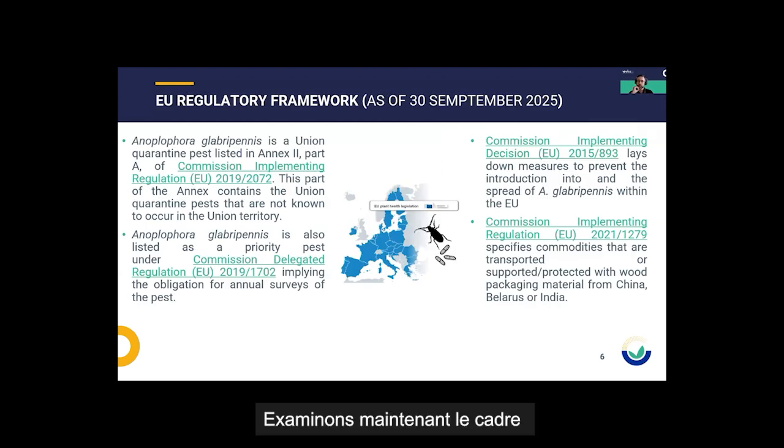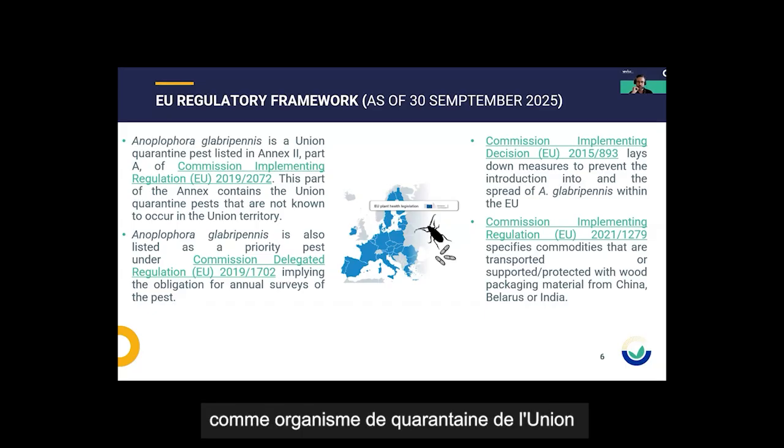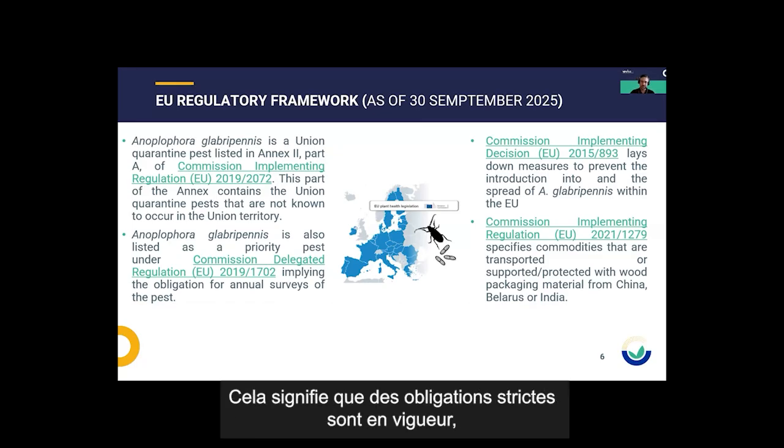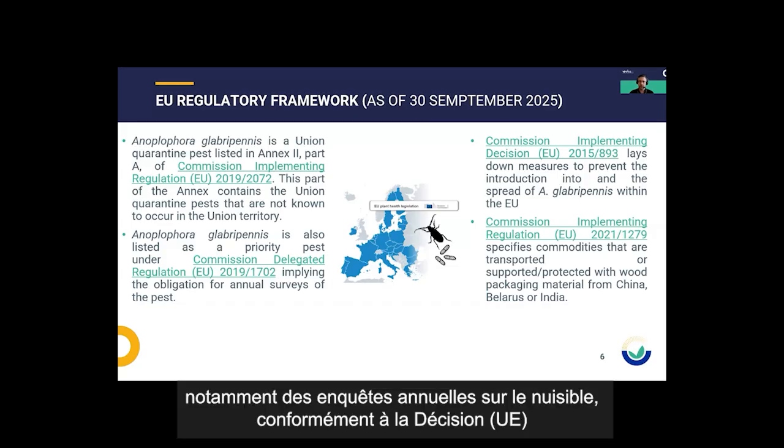Now let's take a look at the EU regulatory framework. Anoplophora glabripennis is classified as a Union quarantine pest and is also listed as a priority pest. This means that there are strict obligations in place, including annual surveys of the pest.